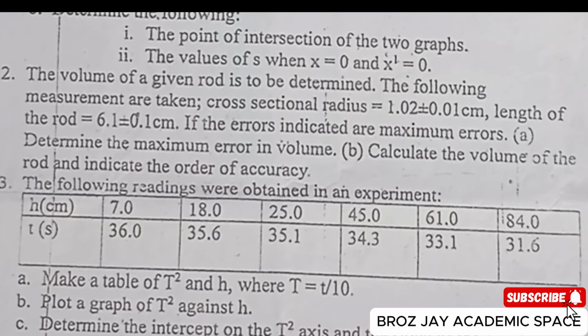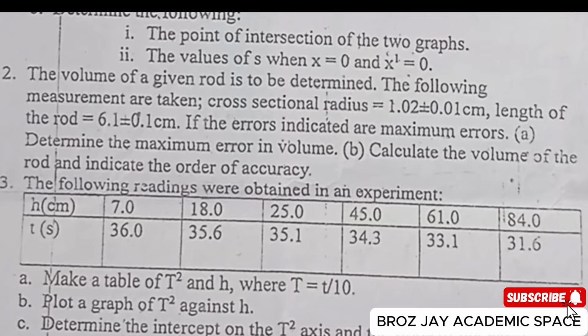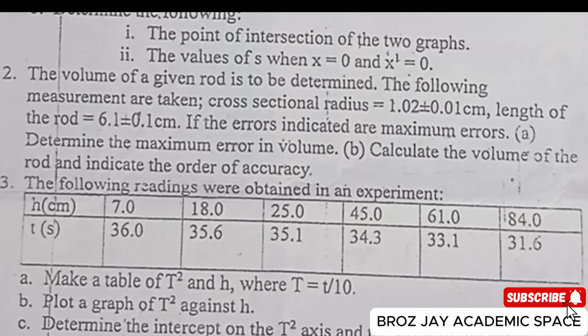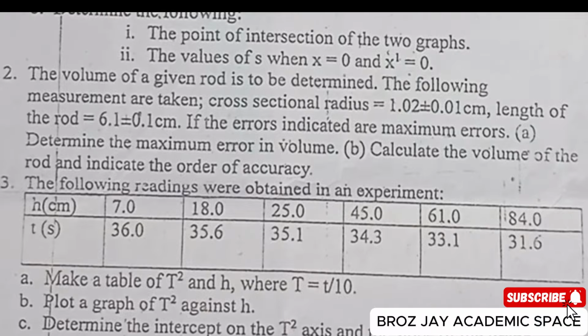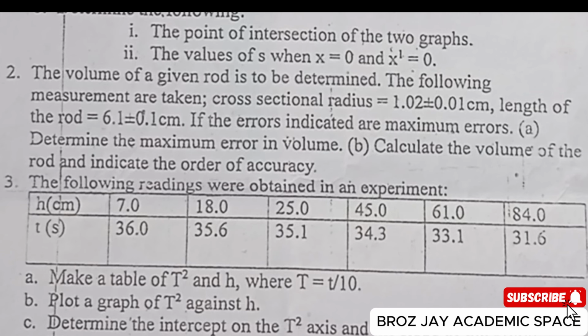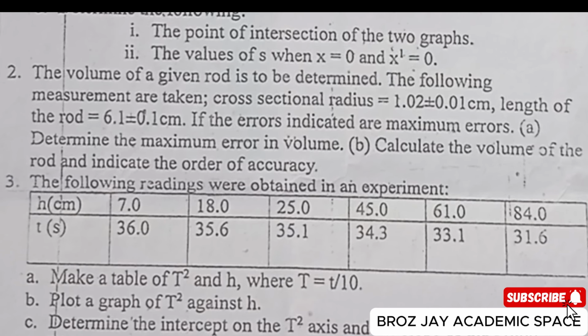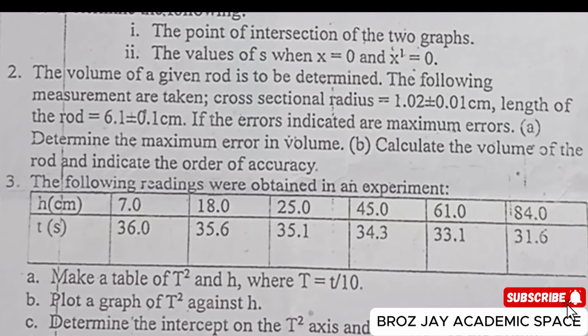36.0, 35.6, 35.1, 34.3, 33.3, 33.1, 31.6. Now, make a table of t square and h where t is equal to small t all over 10. 10 is the number of oscillations.